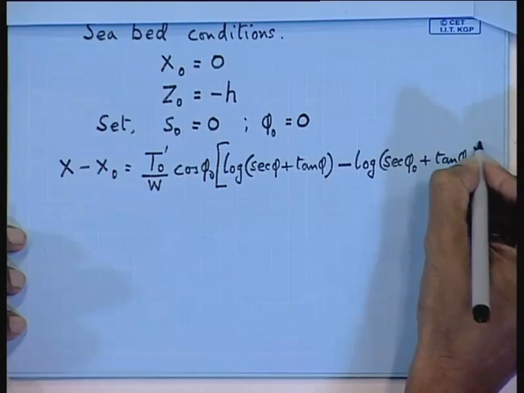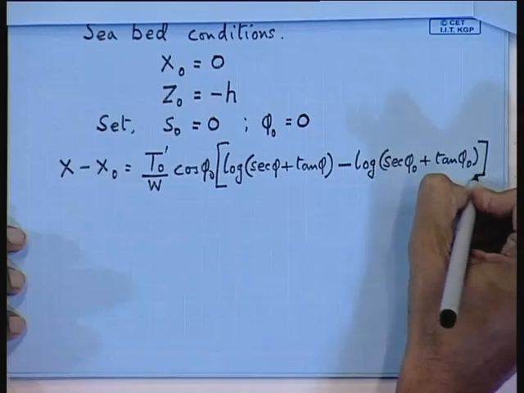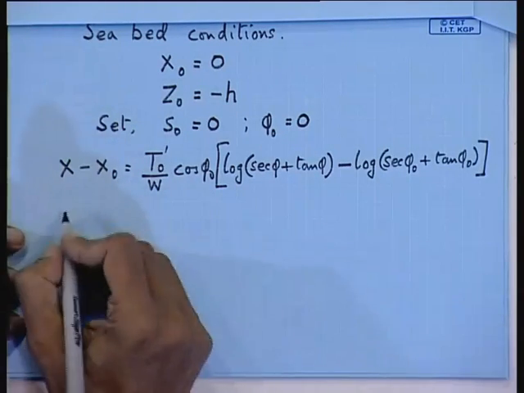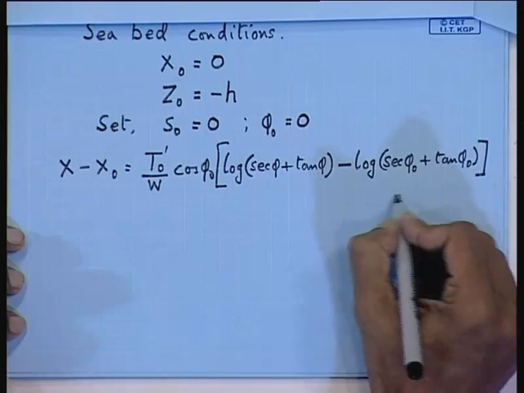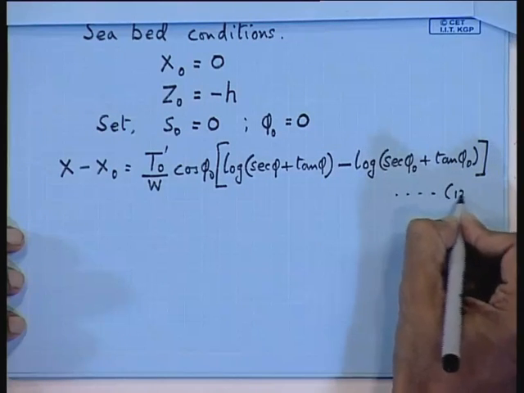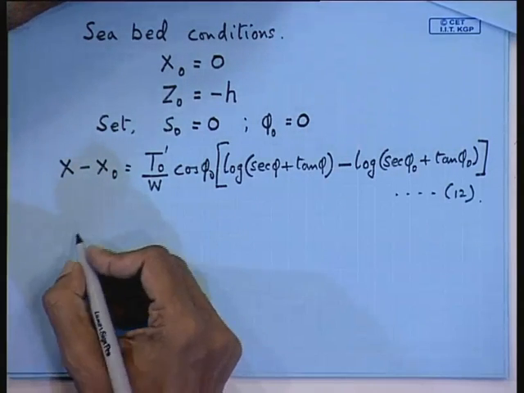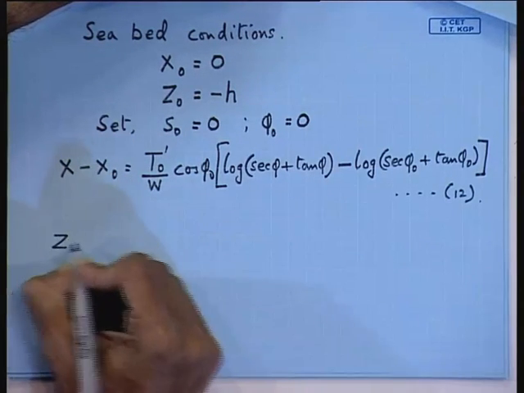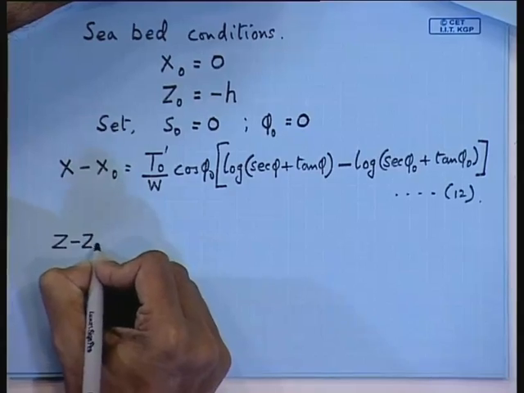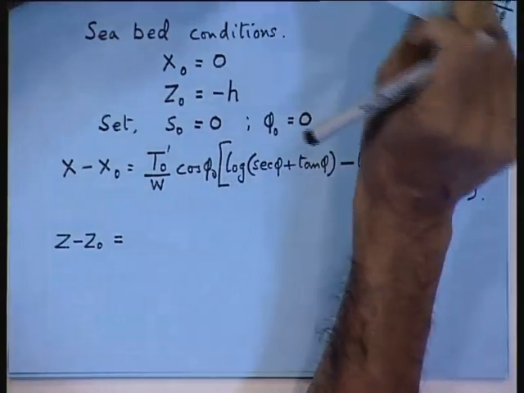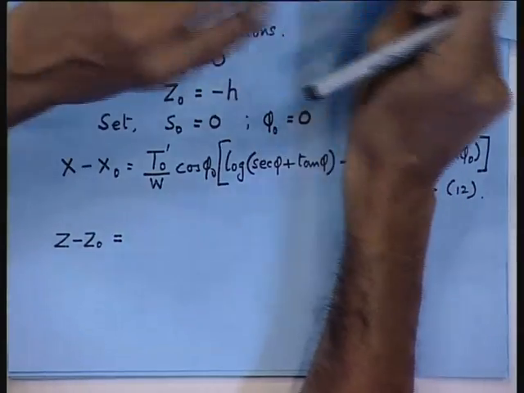Now you tell me the other expression, Z minus Z naught. So this is one relationship which you should not forget. Let us write this as 12. The other expression that we have derived is Z minus Z naught. So what was our expression for Z minus Z naught?